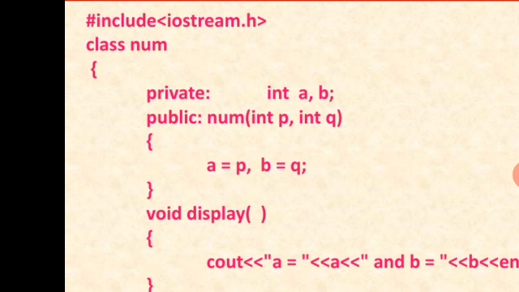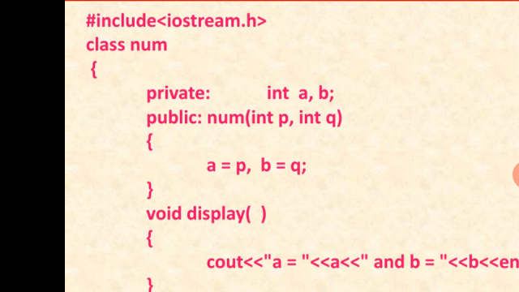So how do I say it is parameterized? You can see inside the num function, I have taken two values, P and Q. These P and Q are the arguments or variables of the data type integer.